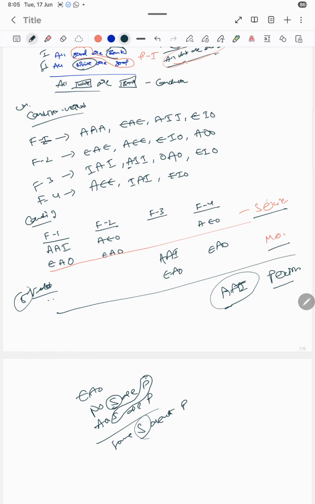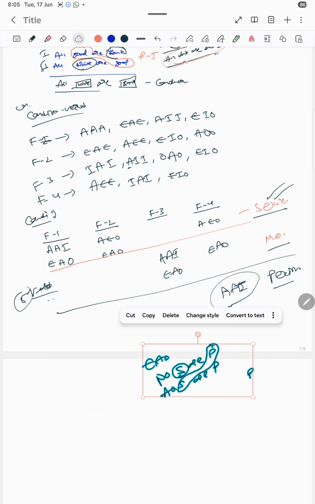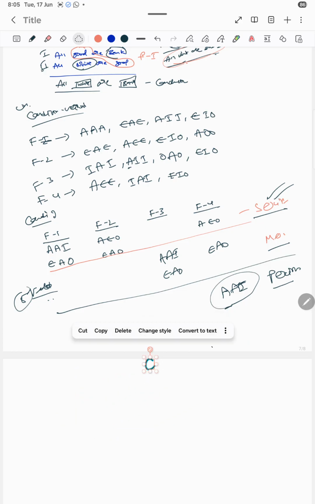So that is why the subject exists here. In figure 2, the predicate will not be existing, but the subject will still exist in these forms. That is what the combinations are. So these are the different ways of syllogism.